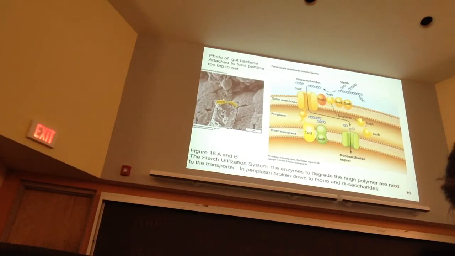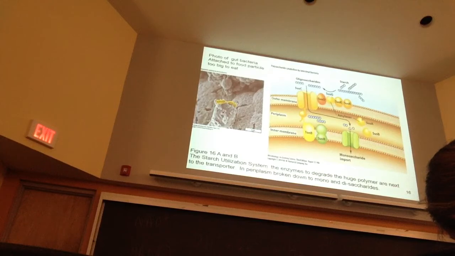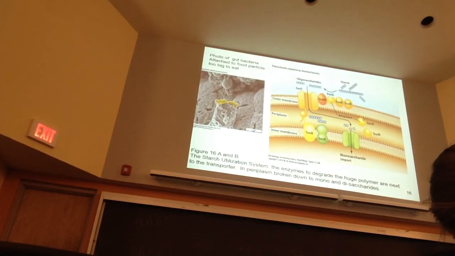In the periplasm, there are a couple of other starch utilization enzymes, these amylase enzymes, which now break down these 4-mers and 6-mers down into 1 and 2 molecule carbohydrates, monosaccharides and disaccharides.